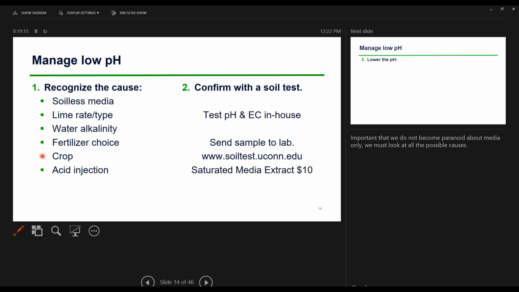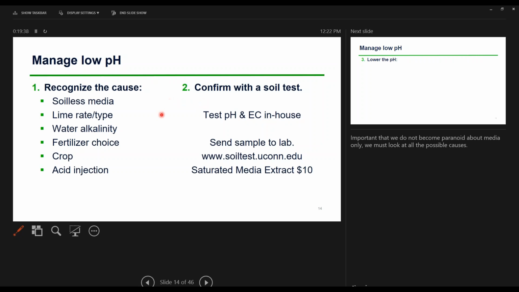Is the crop a problem? So is probably the pH is not that low, but it's that this crop really likes it really low. And we're going to touch on that as well. Or is it that for some reason we're applying a certain type of acid and we're over applying? So again, make sure you break those down. You go back to all those causes before you're trying to fix the problem, okay?